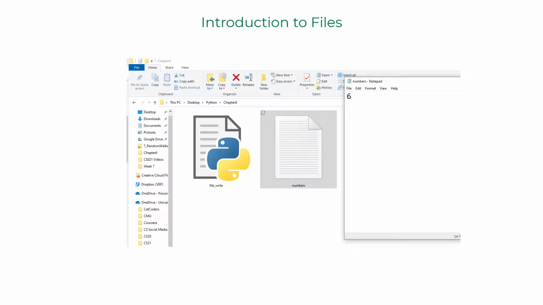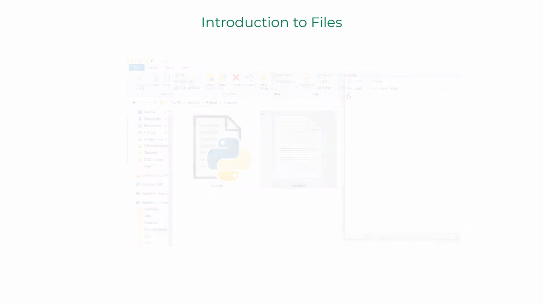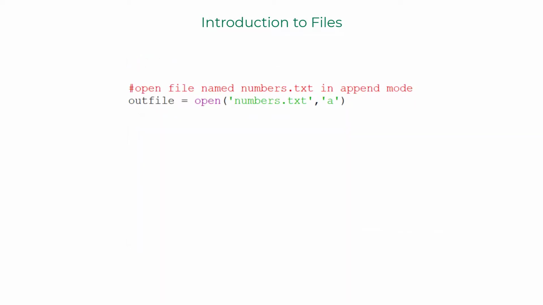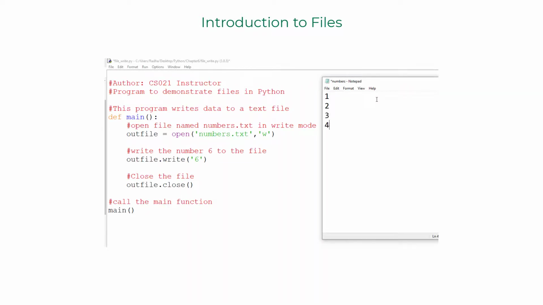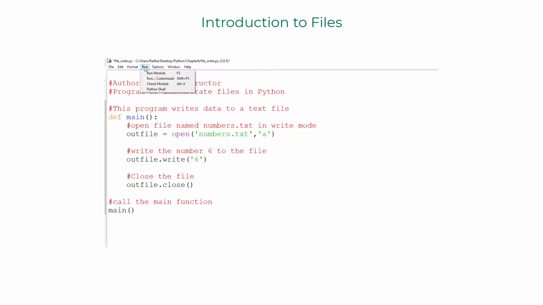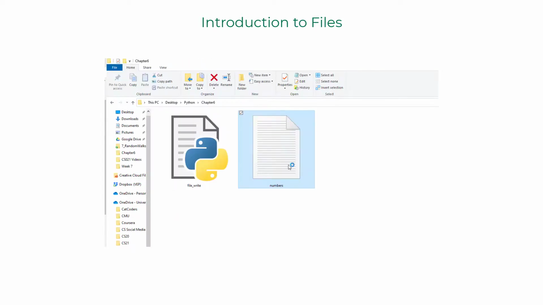If your intention is to append to the contents that are already present in the file, pass in a as the mode. Let me populate the text file with numbers 1 to 5 again, then rerun this program by changing the write mode to append mode, which is a in quotes. See that?